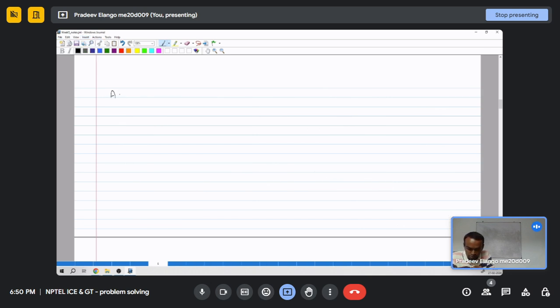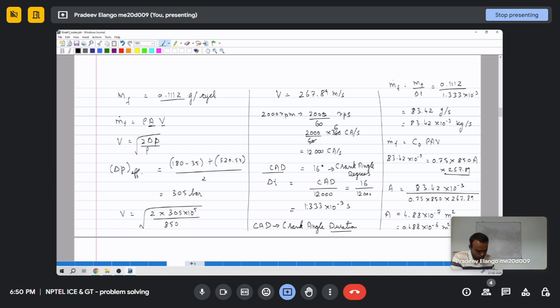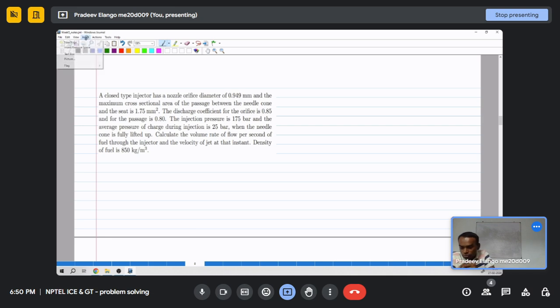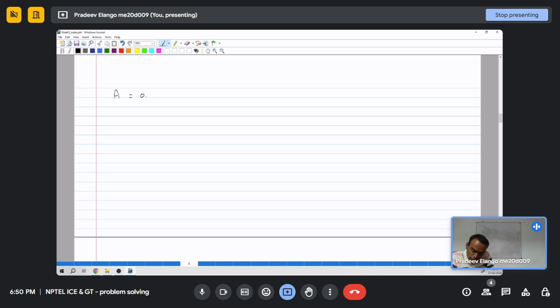So area is 0.488 into 10 power minus 6 meter square. If we have, say, 6 holes, then area can be written as n into pi by 4 d square, right?